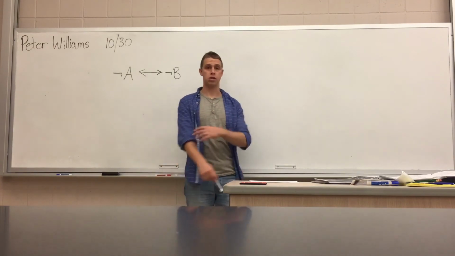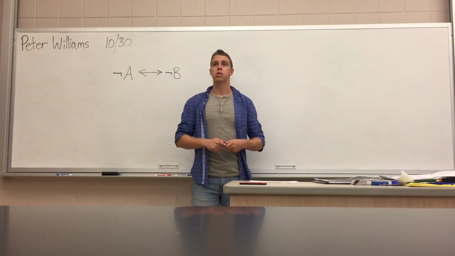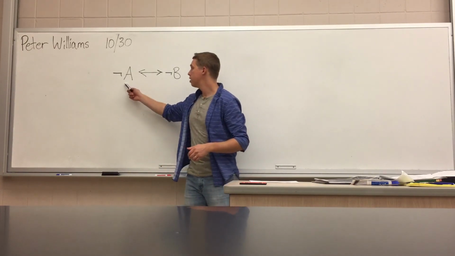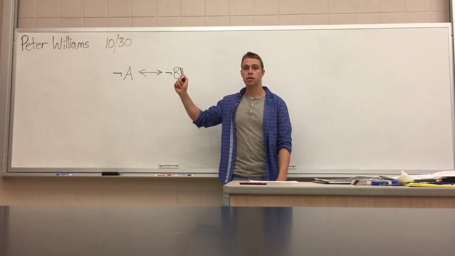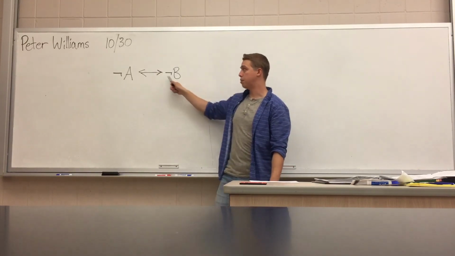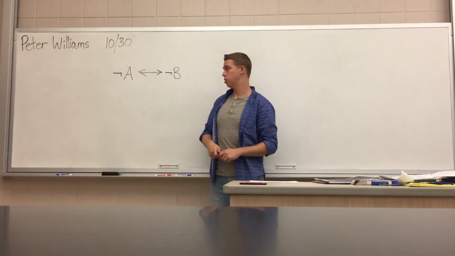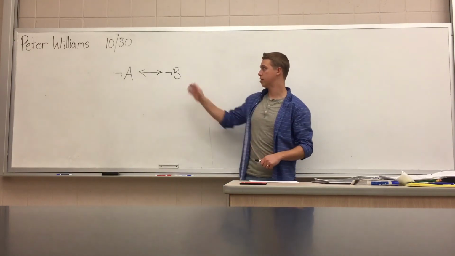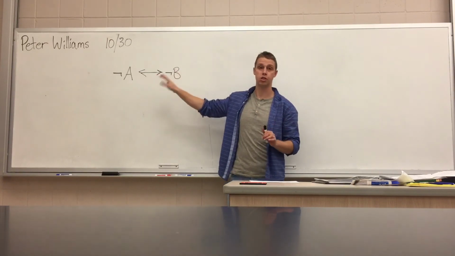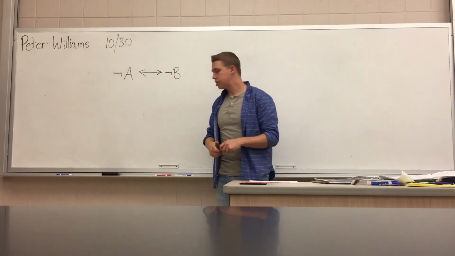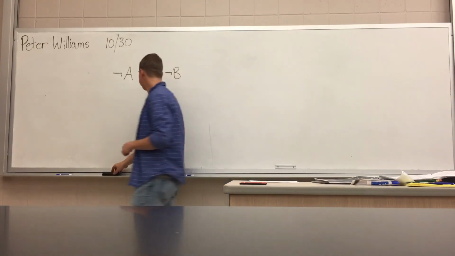If I determine that when I break A, it also breaks B, and then if I break B, it also breaks A, then that's another way of determining that those two things are equivalent. Again, going both ways, even for the negation case. So let's just get into this and you'll see what I mean.